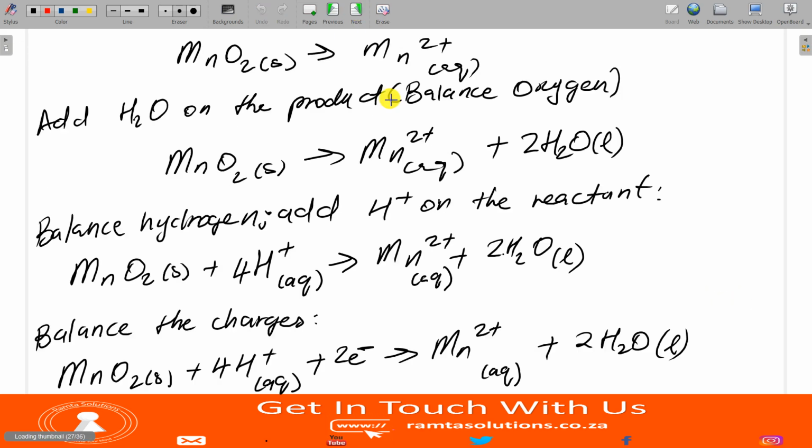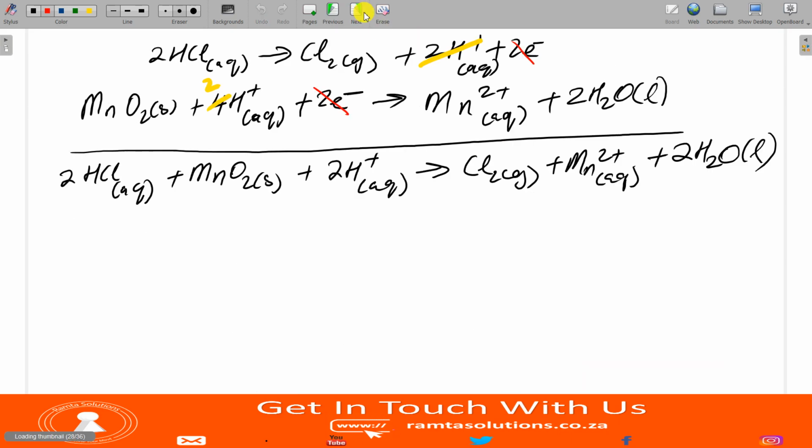Then this one here, electrons are on the reactant side, so it is reduction. So these are your half reactions and the overall reaction.